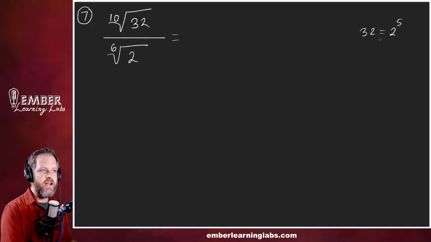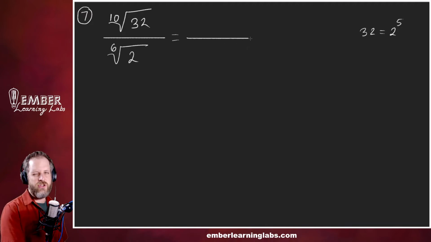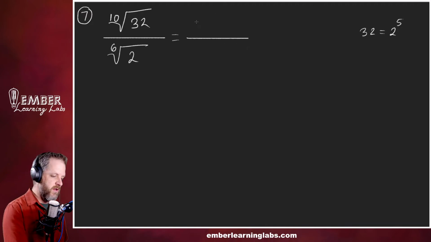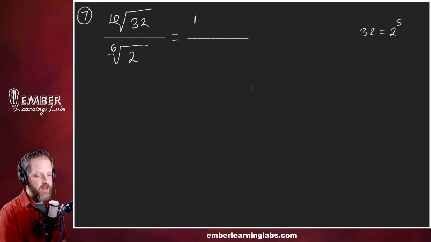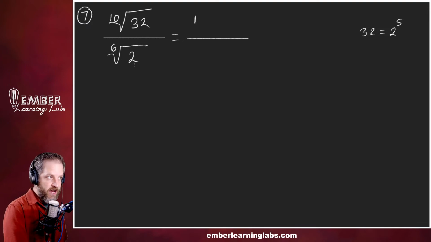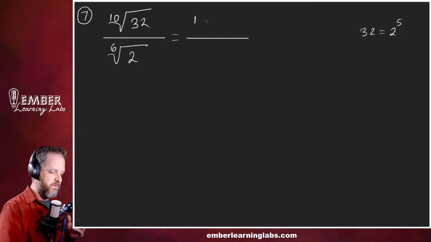We're trying to get our bases to match. How would I know what number? Well, you're trying to get the bases to be the same, so hopefully this number to something will equal that number.